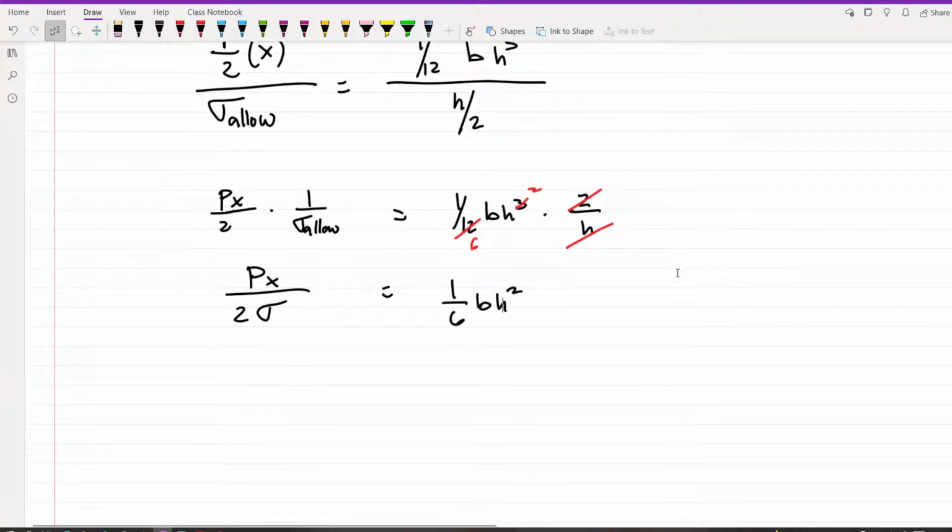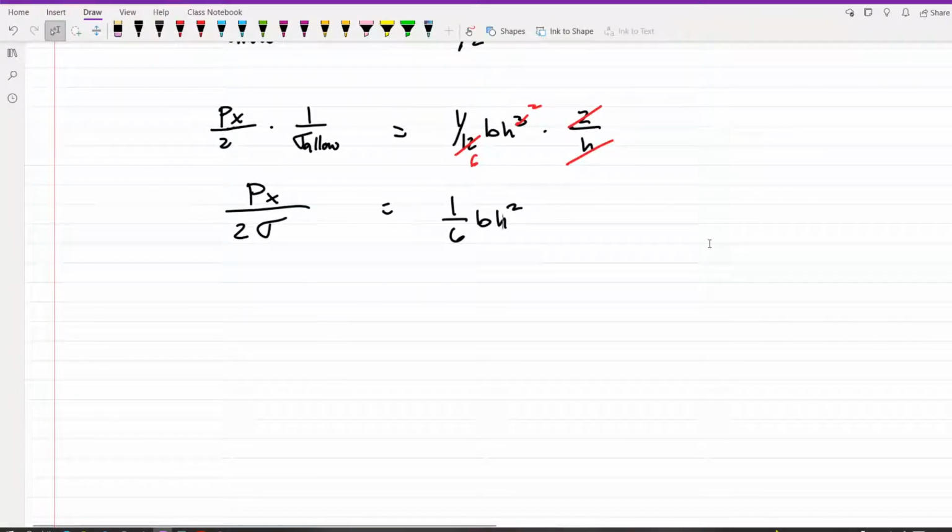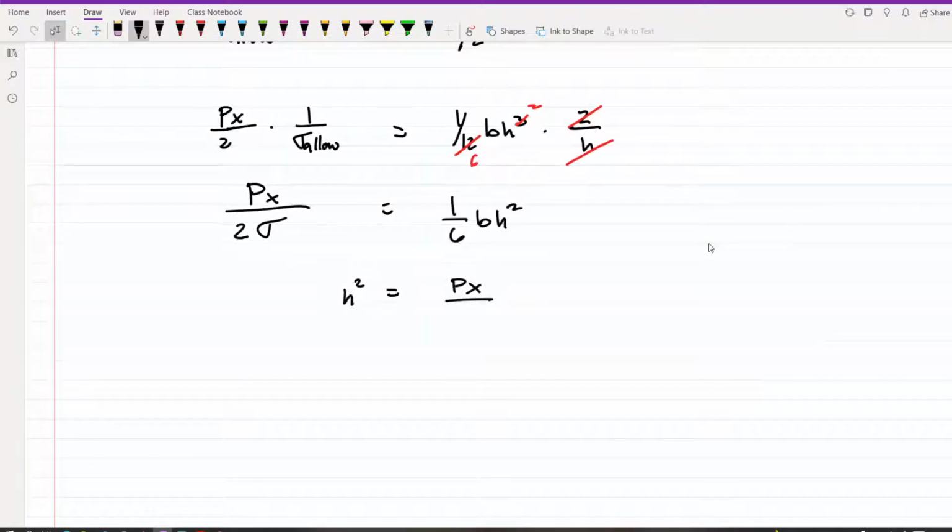So, kailangan nating mahanap yung h. So, kung h squared is equal to px over 2 sigma times 6 over b.